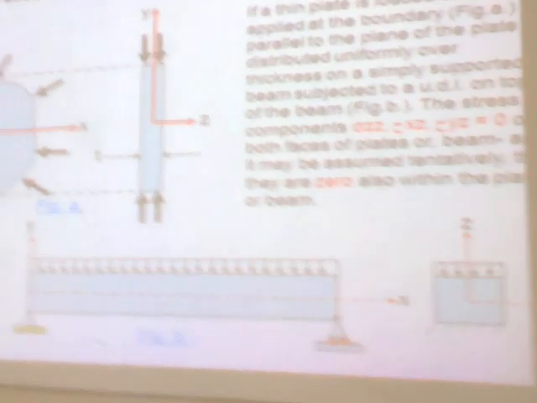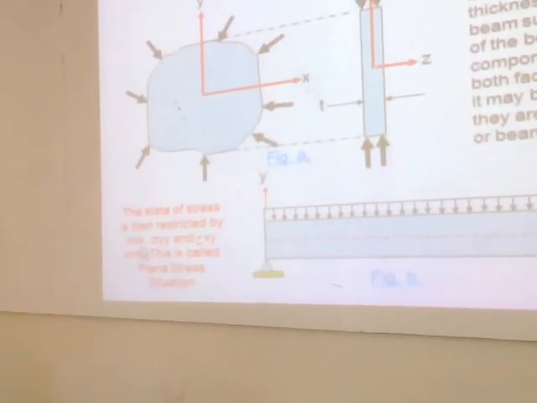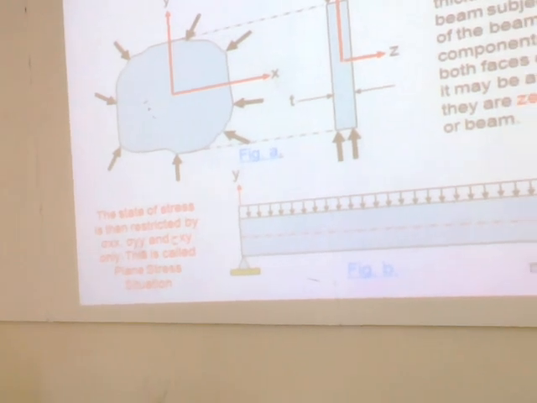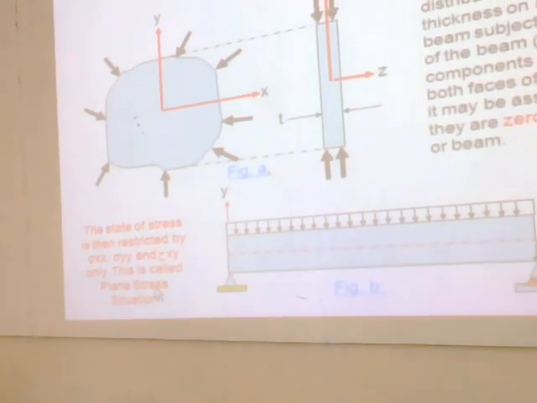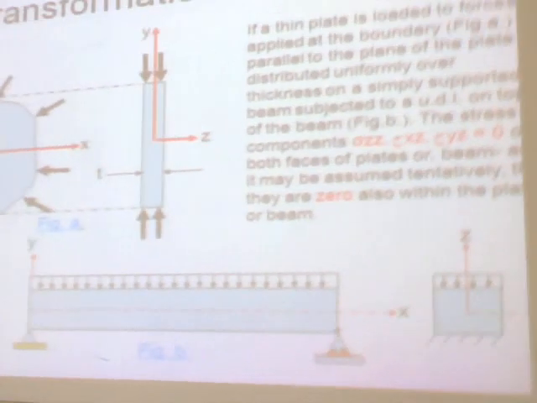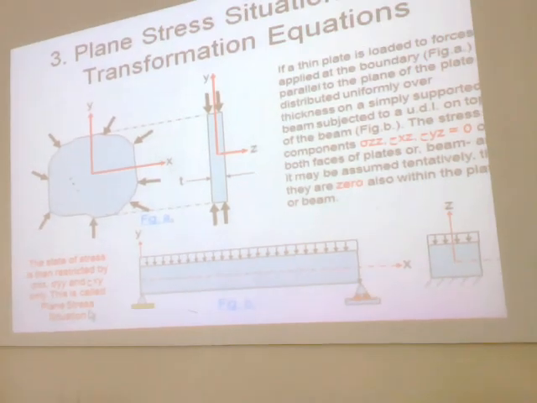Therefore, the state of stress will be restricted to two normal stresses, sigma xx, sigma yy, and tau xy. And this is called the plane stress situation. So this is the definition.